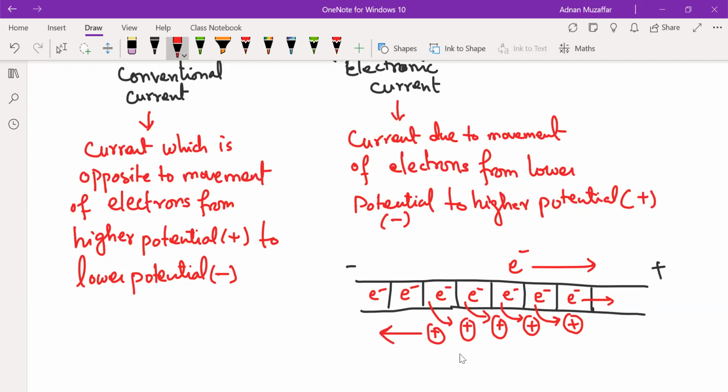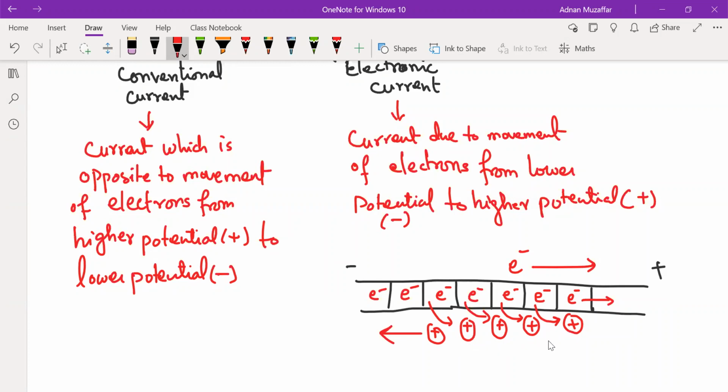Okay. So it's the same thing whether you consider the movement of electrons from negative to positive, or the movement of vacancies from positive to negative. Can you see this? It's the same thing. Actually, it's only one thing, a flow of current, flow of charge. So it all depends on you whether you consider the flow of the positive charges.